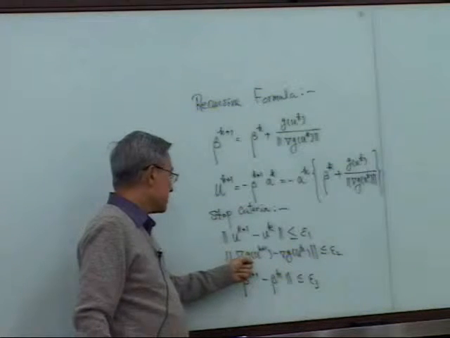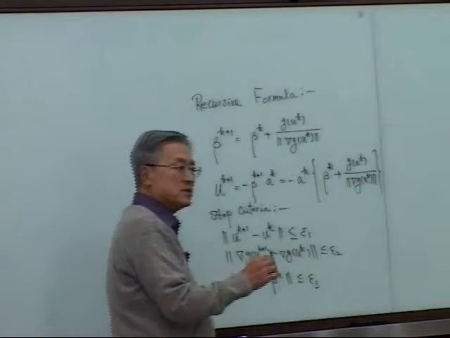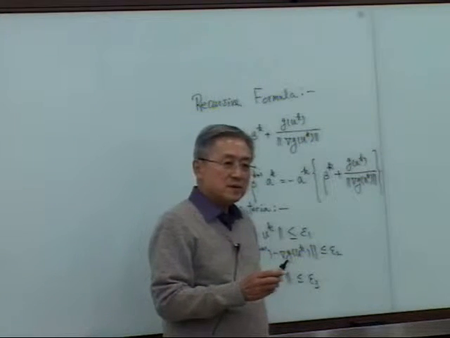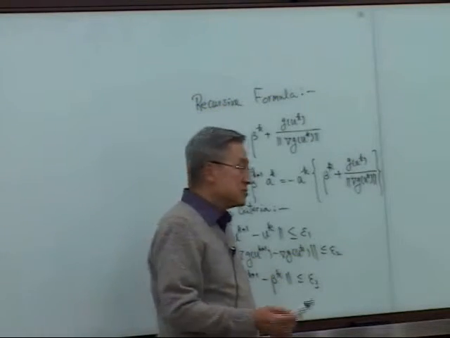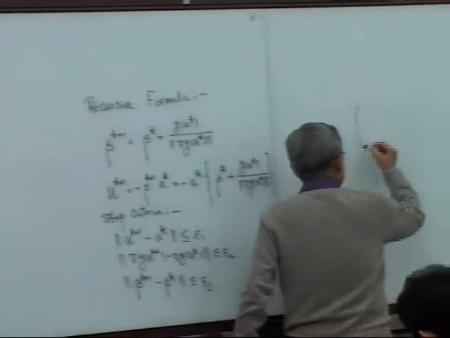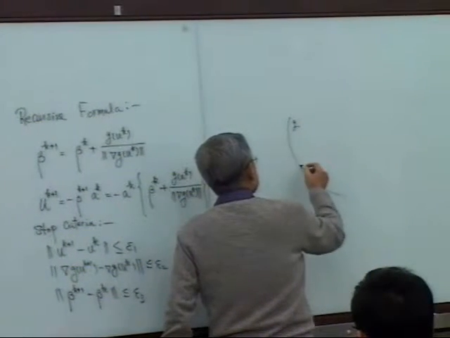This gradient G, what does it mean? Gradient G is the gradient of the G function. The G function is like this.